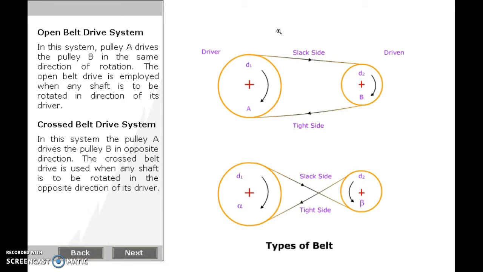In the open belt drive system, if both shafts rotate in the same direction, in such conditions we use the open belt drive. In the second condition, the closed belt drive system, the power is transmitted in the opposite direction of motion. In such conditions we use the closed or cross belt drive system.